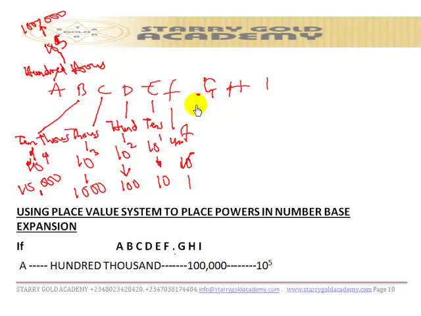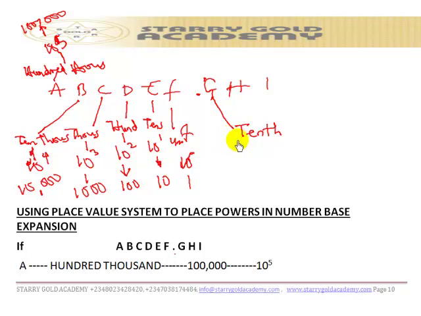What are they? The first number after the decimal point is called your tenth. Not tens now. Tenth is the opposite of tens. The opposite of tens is tenth.